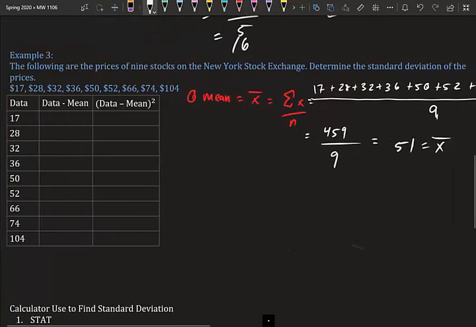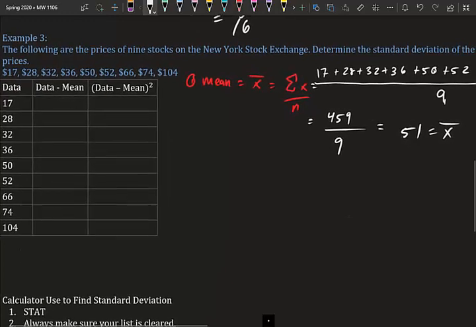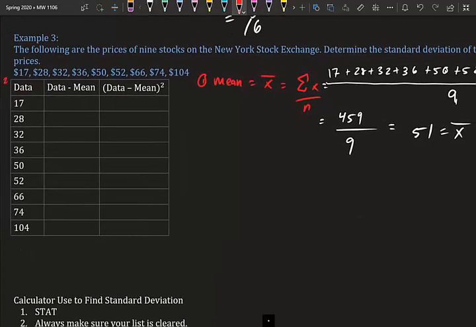All right, now our second step is to go ahead and do the chart. So we have 3 columns, data minus mean squared. Our third step is to list the data. And then after that, we're going to subtract data minus mean. So we have our mean of 51. So we have the data. So you don't actually have to rewrite 17, 28 or anything like that.